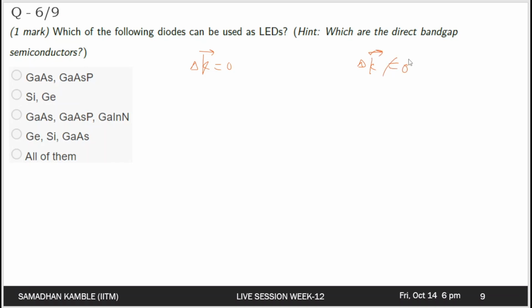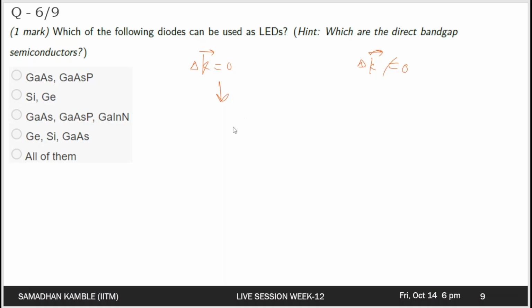For example, gallium arsenide has a direct band gap, and silicon, on the other hand, has an indirect band gap. The minimum of the conduction band and the top of the valence band have the same k vector in direct band gap semiconductor devices, and the k vector is related to the momentum, that is the p vector.